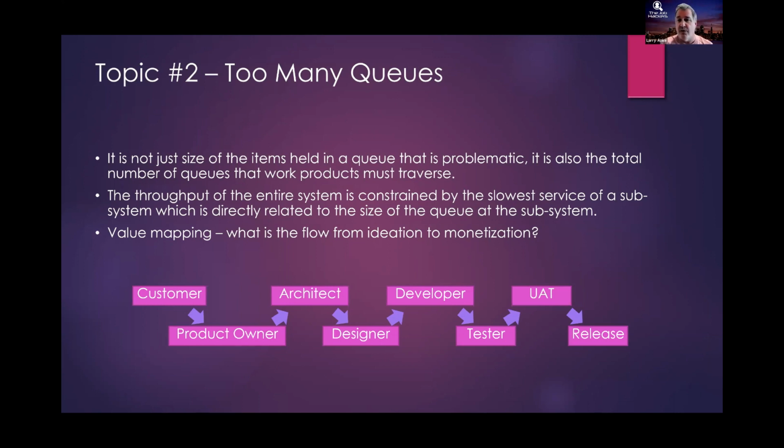So if I have one queue that's problematic, what happens when I have 2 queues? And now they're both problematic. What happens when I have 3 queues? So it's the number of queues as well. And that's further compounded by the theory of constraints, which tells me that the slowest of the queues is the one that's going to determine the speed with which things basically move through the system. So this is really, really problematic.